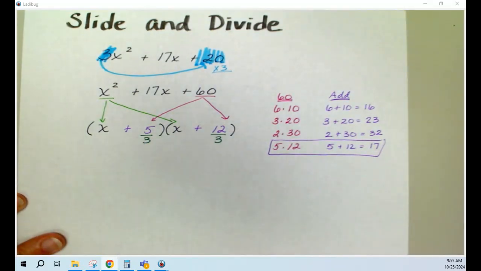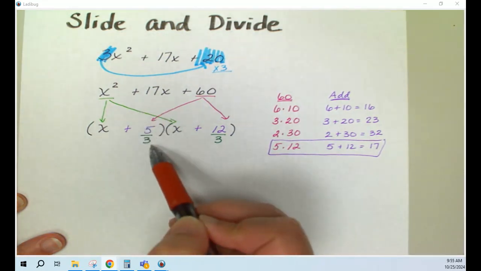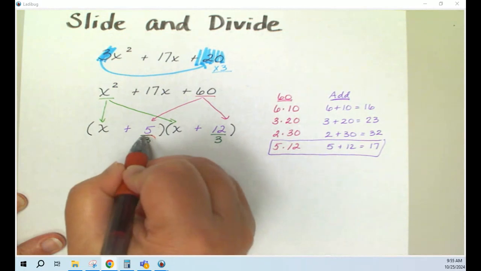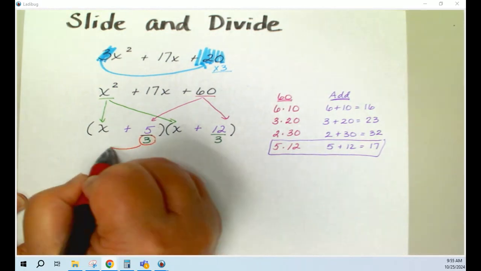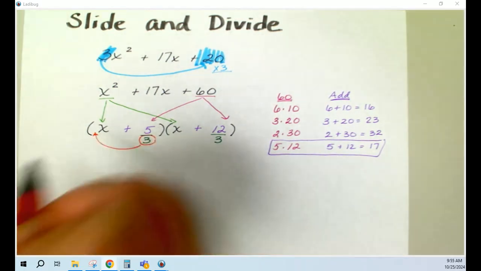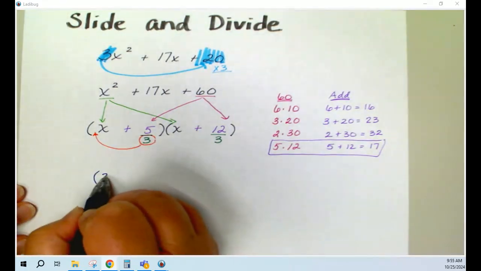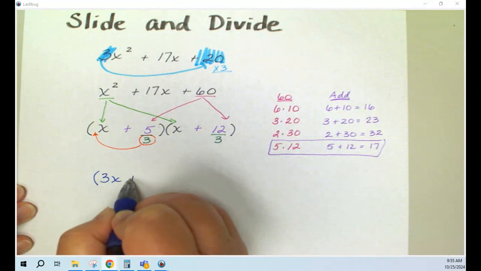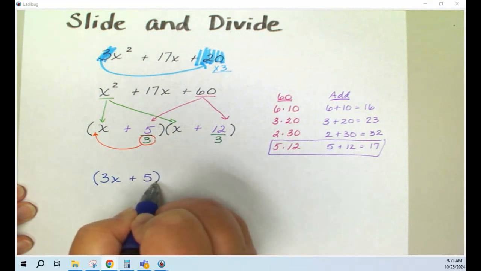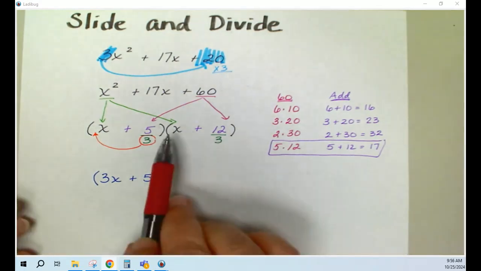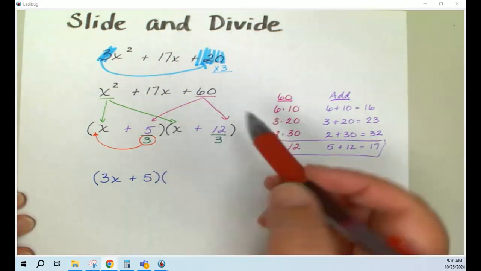And as we do this, we're going to simplify. And so what I'm going to look for here is 5 over 3. Will that divide out to a nice whole number? And it doesn't. So what's going to happen here is I'm going to take that 3 and I'm going to slide it back in front of that variable of x. And so we are going to get a 3x plus 5. Second set of parentheses here, we have the x plus 12 over 3.